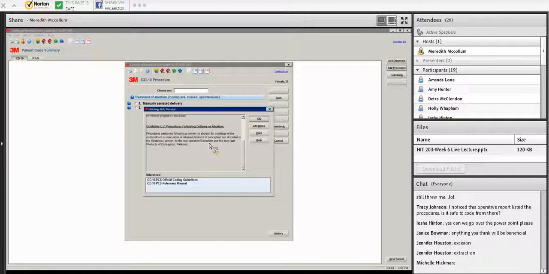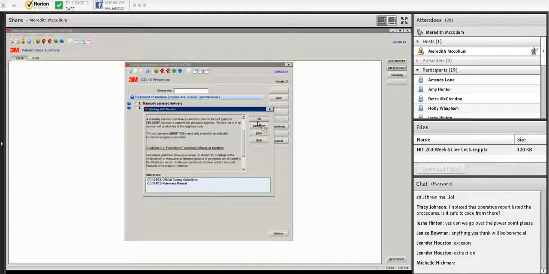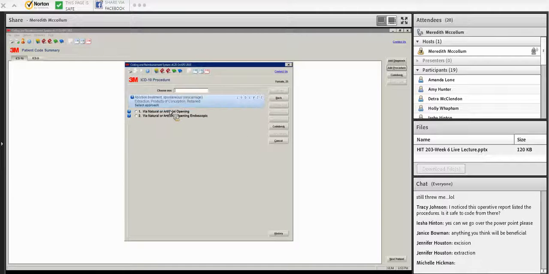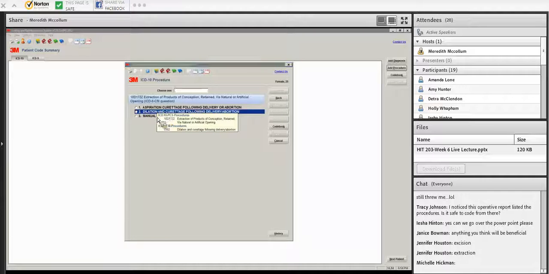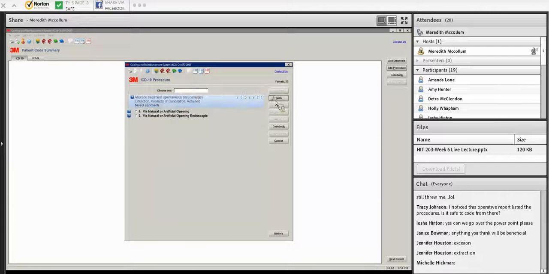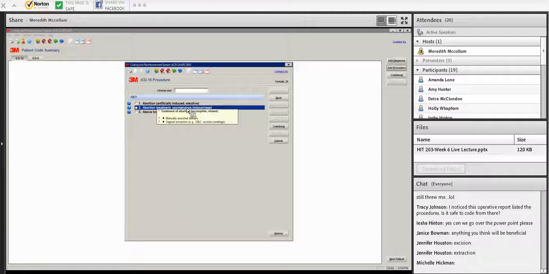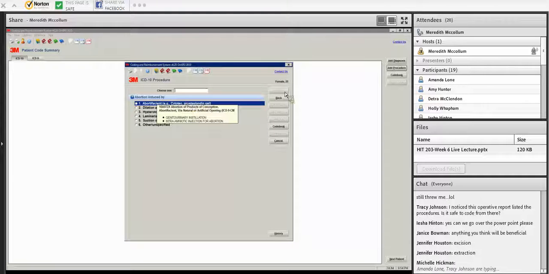Extraction. Let me see how that. See, that's not right either. Interesting. Hold on. I wonder if they did. Yeah, they did it that way. Interesting.